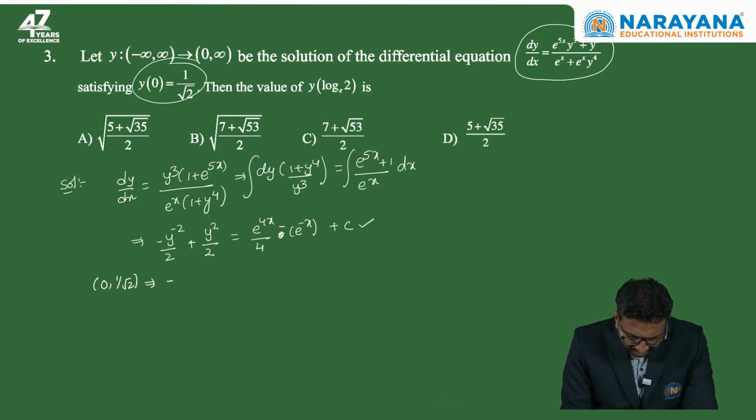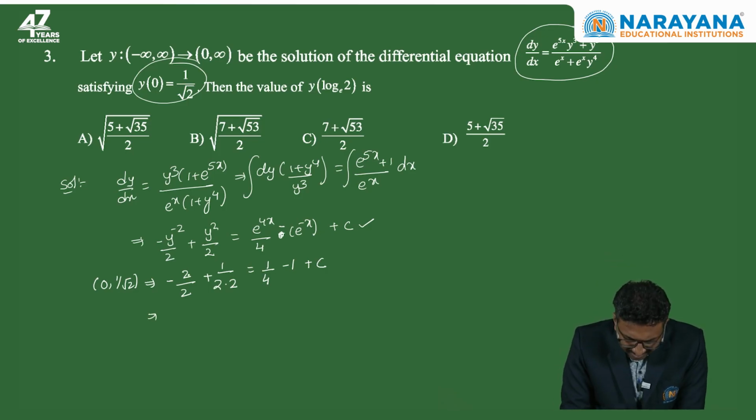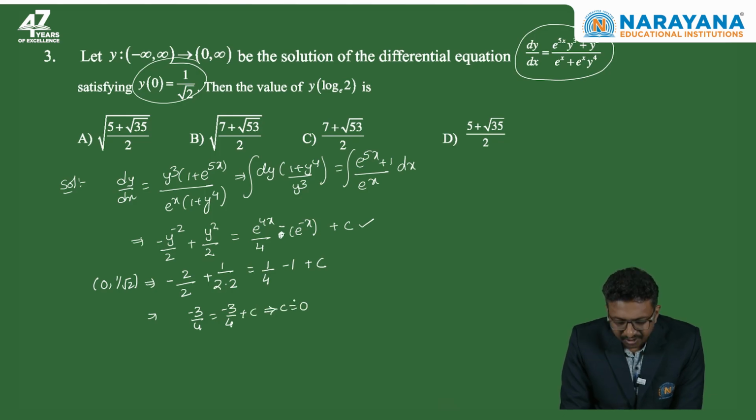So minus of (1 by root 2) whole square is 1 by 2, y power minus 2 is 2, divided by 2, plus 1 by 2 into 2, is equal to, with x equal to 0, 1 by 4 minus 1 plus c. Which implies minus 1 plus 1 by 4, minus 3 by 4, is equal to minus 3 by 4 plus c, which implies c is equal to 0.